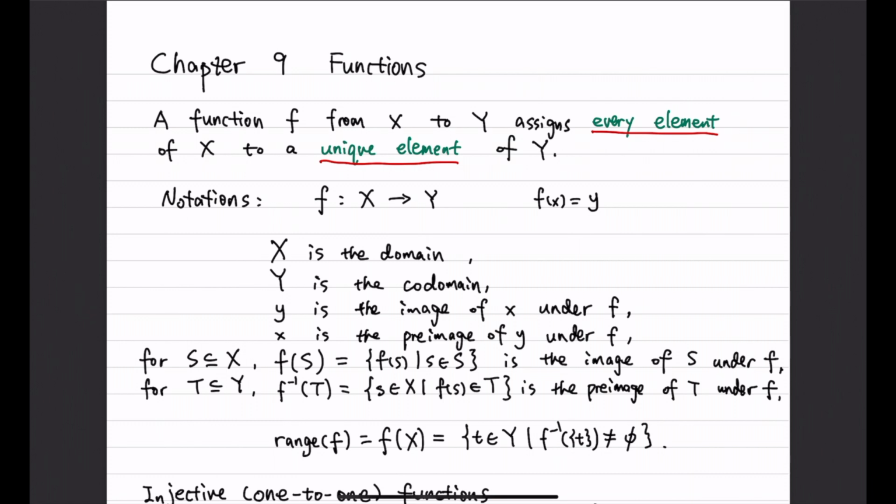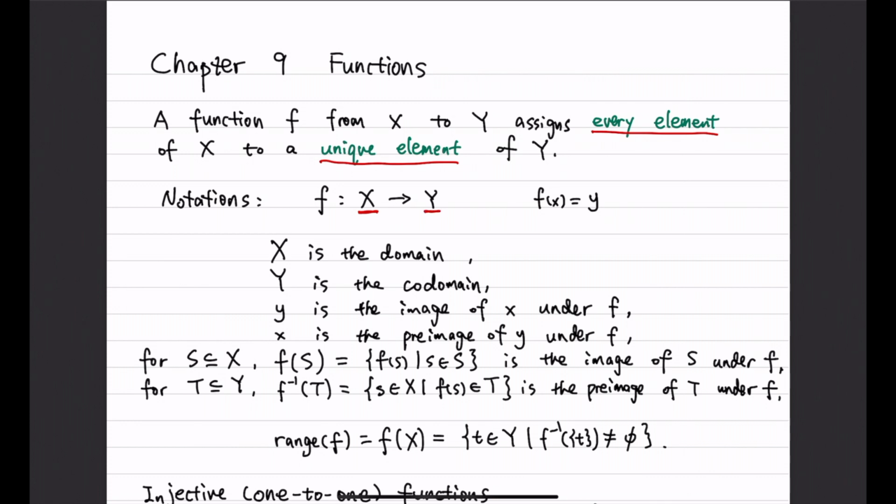So in mathematical notation, we write f colon X right arrow Y to indicate that f is a function from the set X to the set Y. And we write f of x is equal to y to indicate that f maps the element lowercase x in X to the element lowercase y in Y. Here, this capital X, which is a set, is the domain of the function.